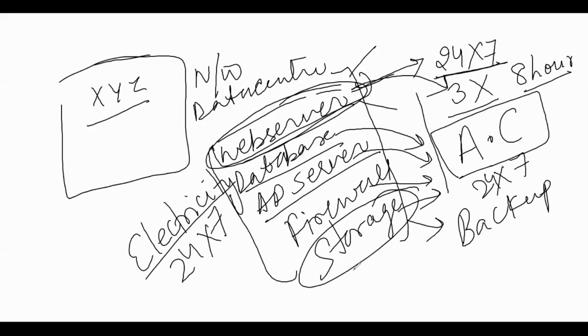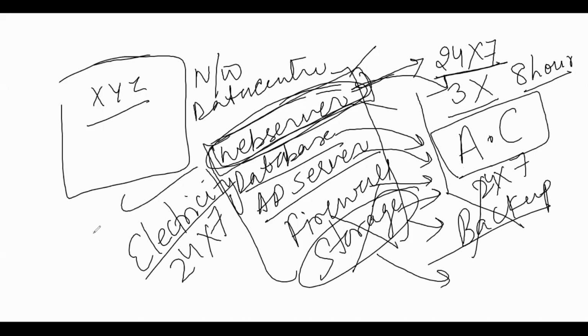But if your storage goes down and even your backup goes down, then you cannot claim from anyone. Just imagine that your web server is down for 2 hours. Then you cannot blame anyone, because this is your internal server. You just blame your employees who are handling this web server, but you cannot compensate your losses.